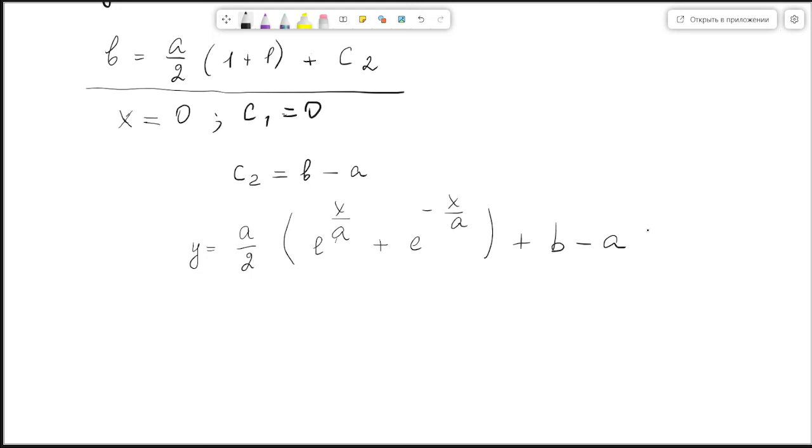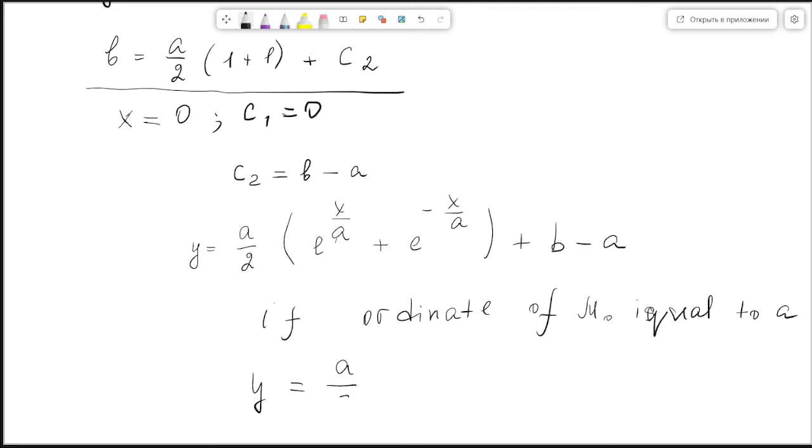Then the equation of the catenary is y is a over 2 times e to the power of x over a plus e to the power of minus x over a.